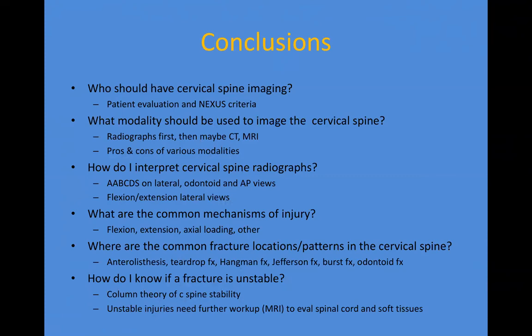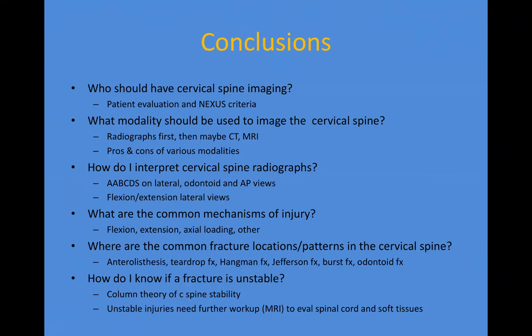We looked at some common fracture patterns and locations, like anterolisthesis, teardrop fractures, Hangman fractures of C2, Jefferson fracture, which is just the named burst fracture of C1. I showed you an example of another burst fracture, and then we talked about odontoid fractures and their classifications.